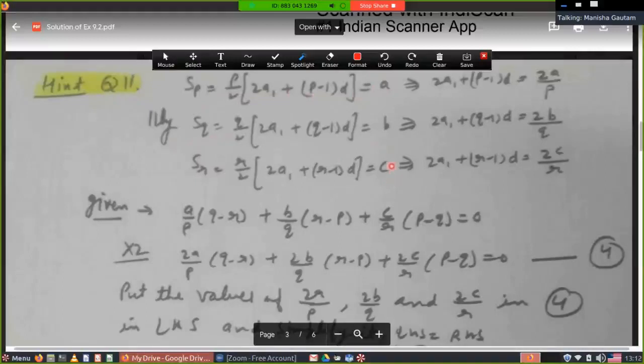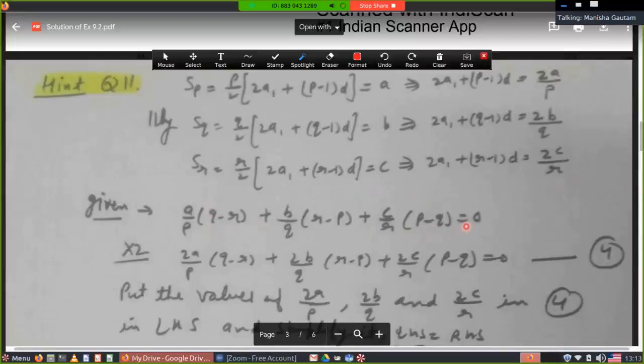It is given. Now you can rewrite the statement like this: 2a1 plus p minus 1 into d. Shift this p upon 2 to the right hand side. You will get 2a upon p. In the second case, it comes out 2b upon q. And in the third case, it is 2c upon r. Now you have to prove the statement a upon p into q minus r, and this whole statement equal to 0.